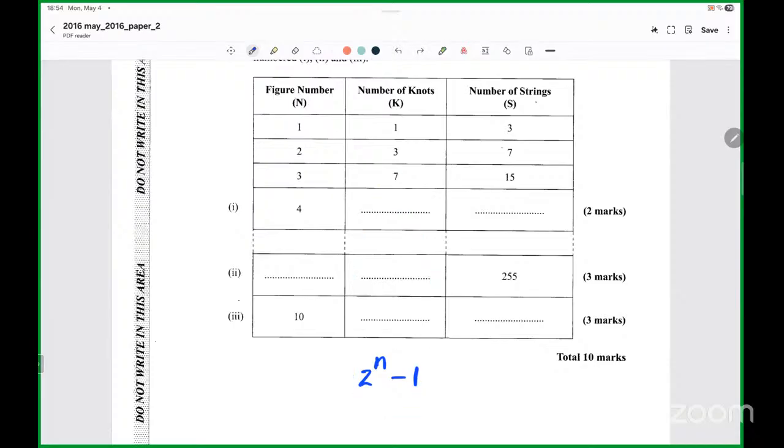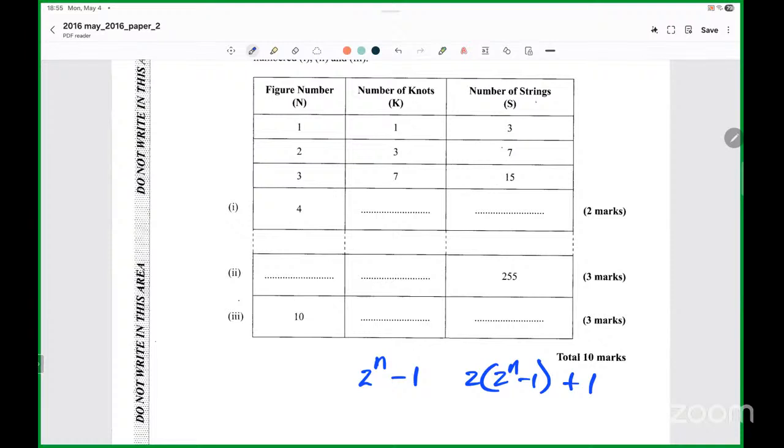And now, what's happening over here? Relate to this formula, because for every knot, there are 2 strings, aren't there? For every knot, there's 2 strings. So it becomes 2 times this, plus 1, because there's the first string that I started with.